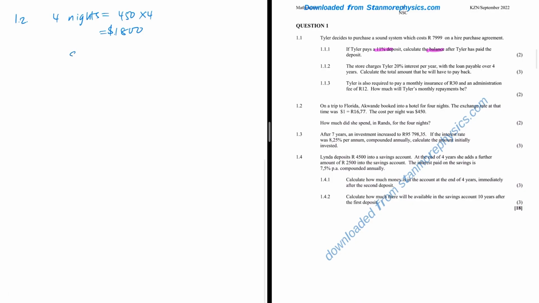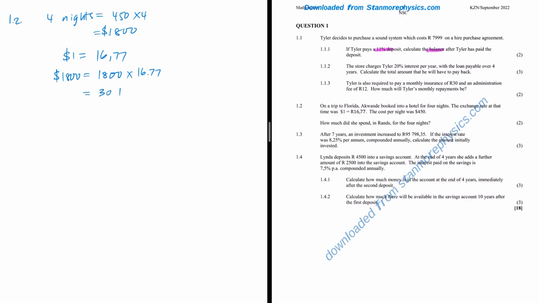So if $1 is equal to 16.77, then $1,800 is going to be 1,800 times 16.77, and that's going to equal 30,186 Rand.